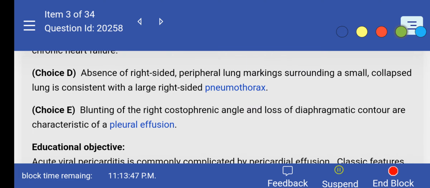Okay, absence of right-sided peripheral lung markings, right? Surrounding a small collapsed lung, we would see that, is consistent with a large right-sided pneumothorax, right? We would see that picture now.